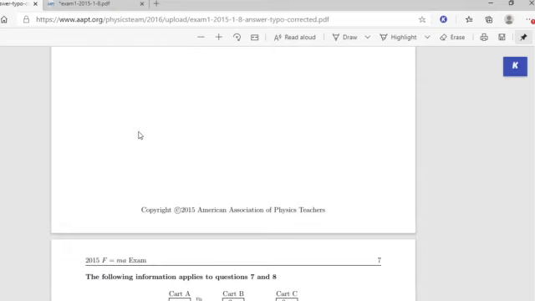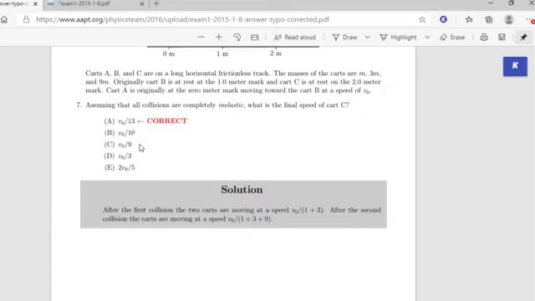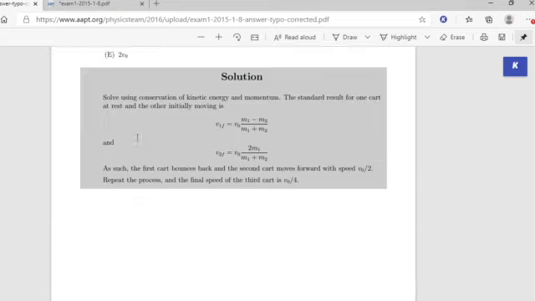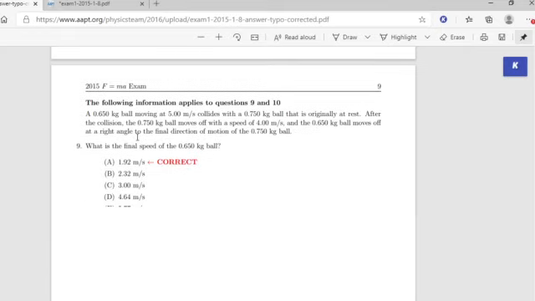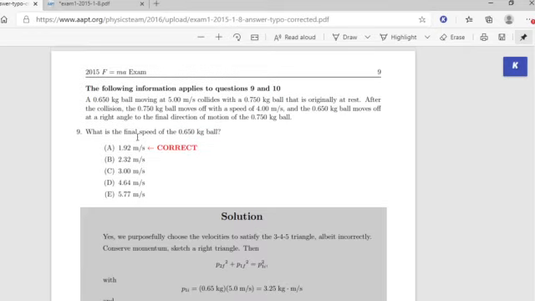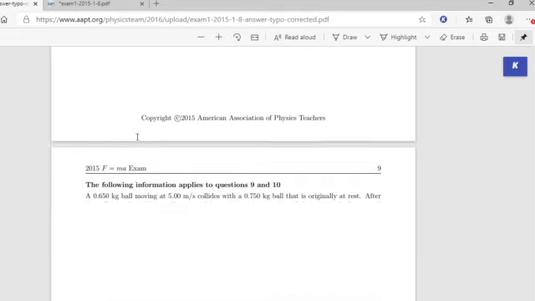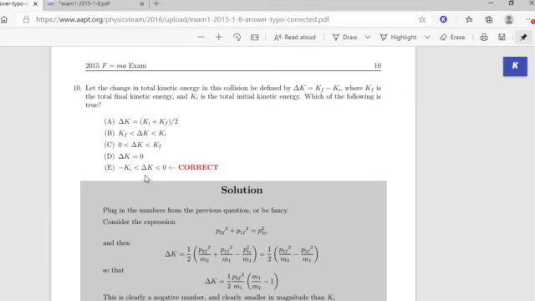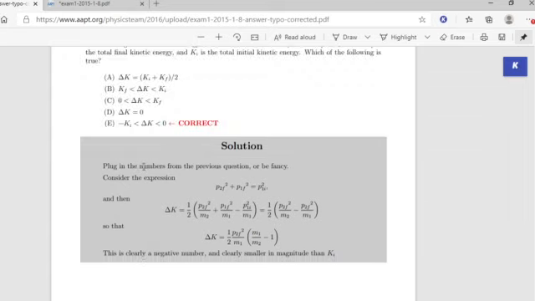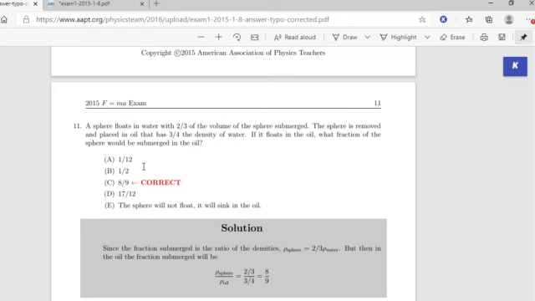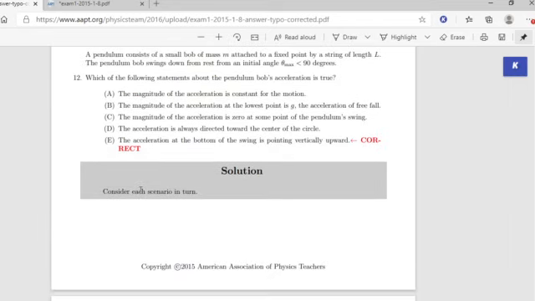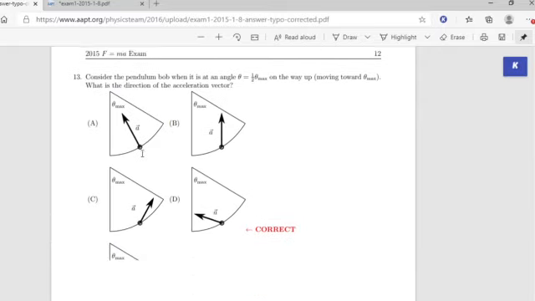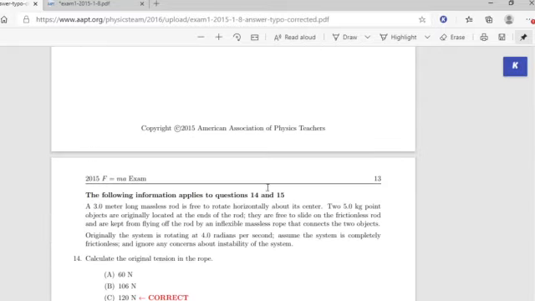Six right. Seven right. Eight right. Oh wait, I did not get that one right. Okay, so we're still eight right. Yeah, okay, I got that one right. So it's nine right. Not bad. 10 right. 11 right. 12 right.